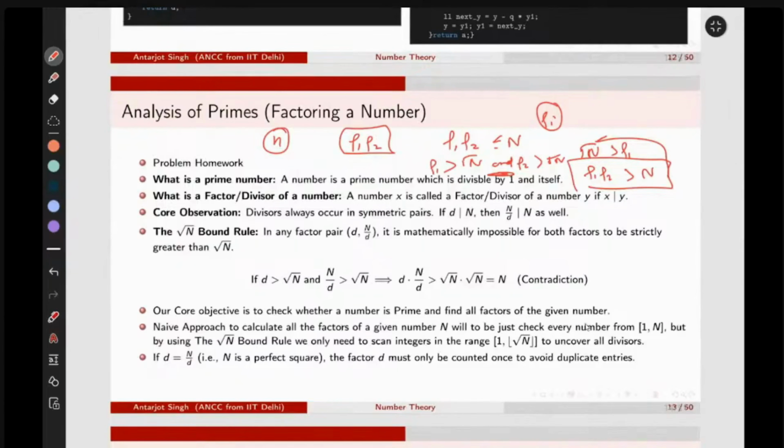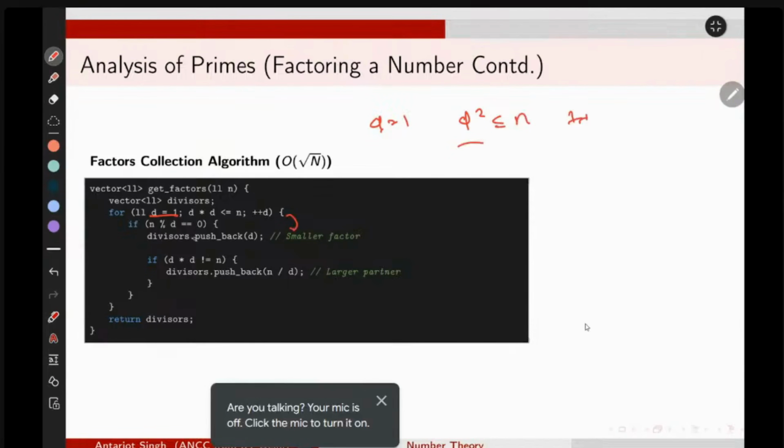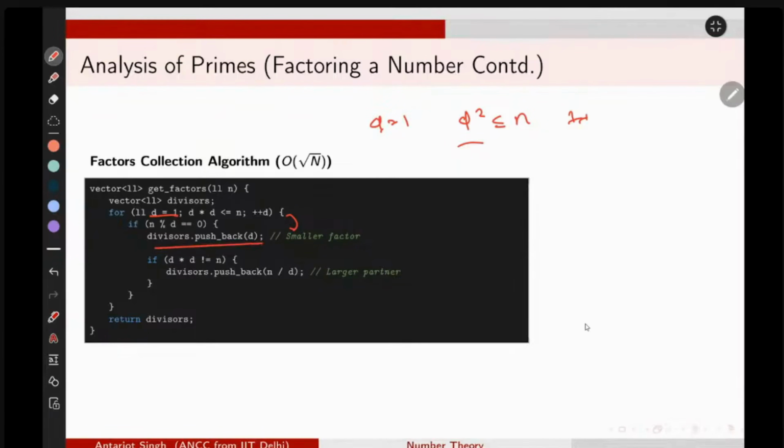Here is code for how to calculate the factors. You have a function, you initialize an array, and check d from 1 while d squared is less than or equal to n, incrementing d. If the remainder is 0, then it's obviously a divisor by the definition of divisor.